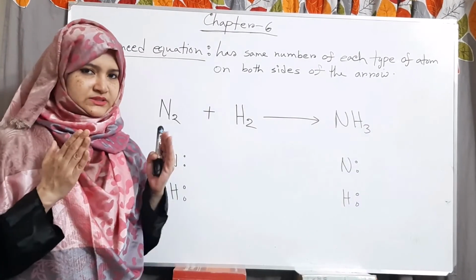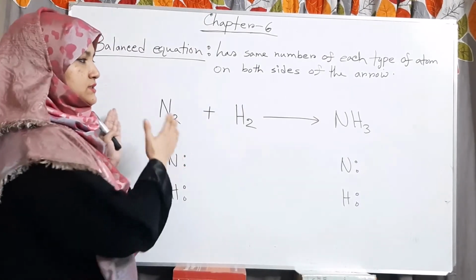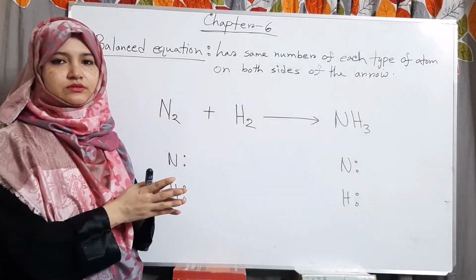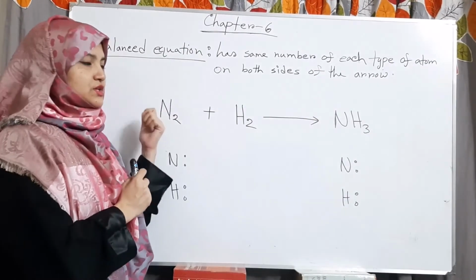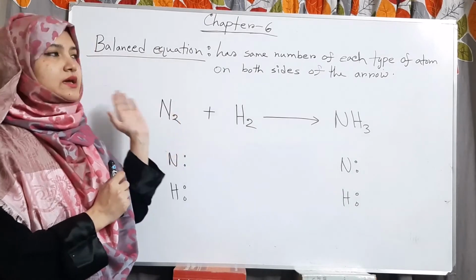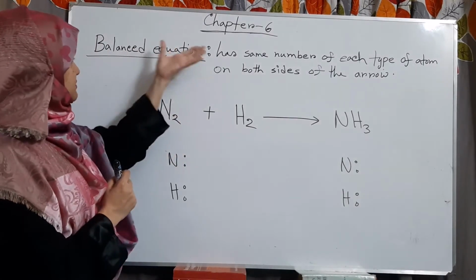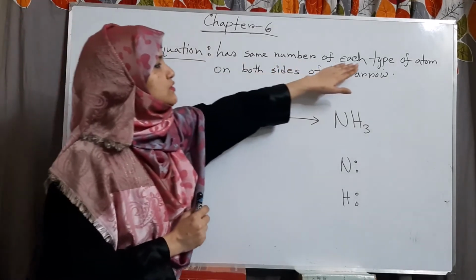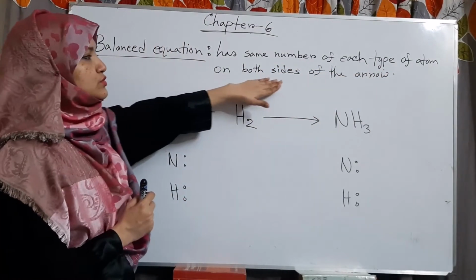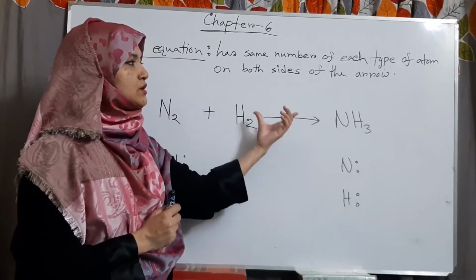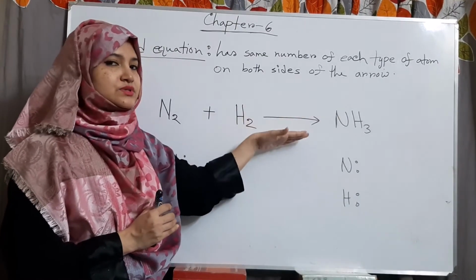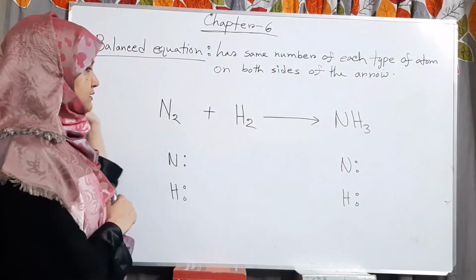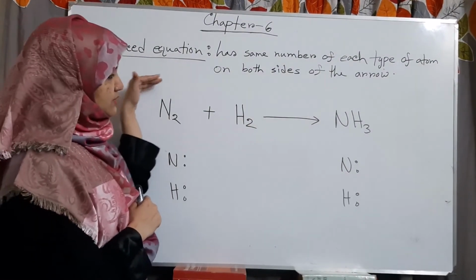And this is called the balanced equation. That's why this equation is called a balanced equation. So what is meant by a balanced equation? A balanced equation has the same number of each type of atom on both sides of the arrow. This is the arrow, and the arrow sign also shows the direction of a chemical reaction, meaning the reaction proceeds from left to right.